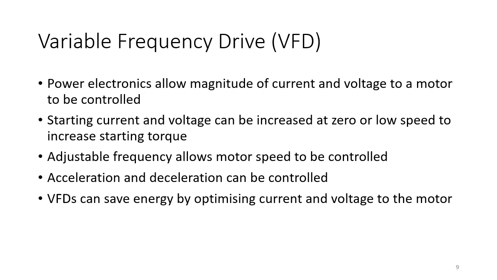So the first thing we can do is control the starting current and voltage. They can be increased at 0 or low speed to increase starting torque. Alternatively, they could be reduced to reduce the overload on the rest of the system. But the amount of starting current and voltage would affect how much of a load you can control, and it would also affect how long it takes to spin the motor up to speed.